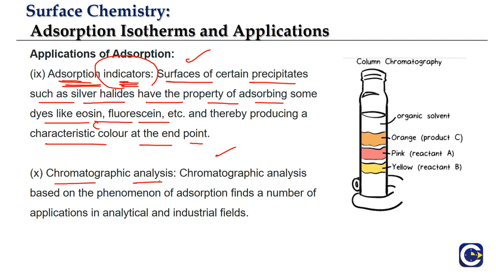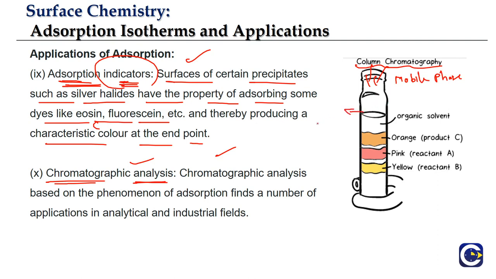Now even one of the very important laboratory methods for both separation as well as analysis is chromatographic analysis. So we have here the sample column chromatography, where we have a substance which we call the mobile phase, which is generally the mixture which we want to separate or analyze, poured into this column.